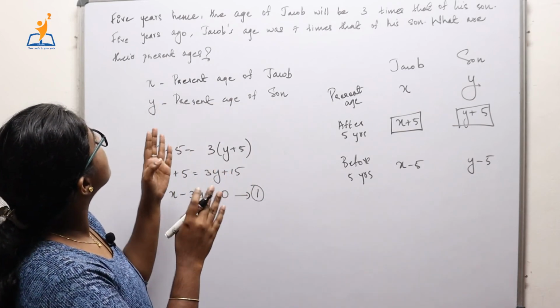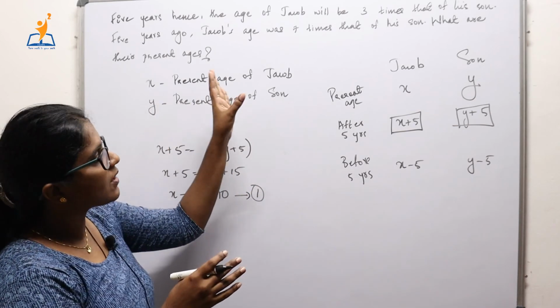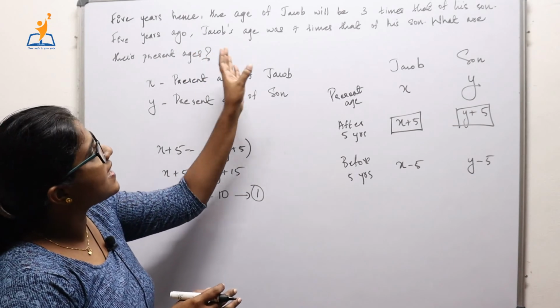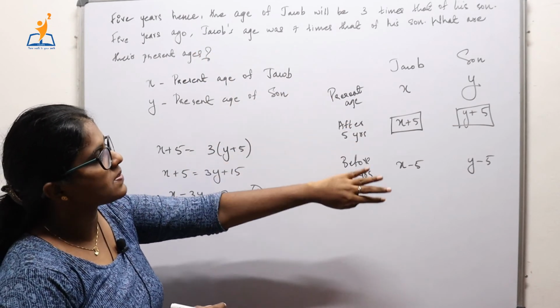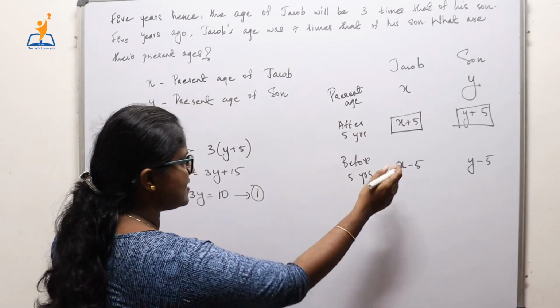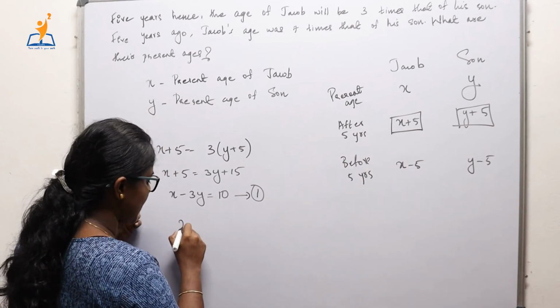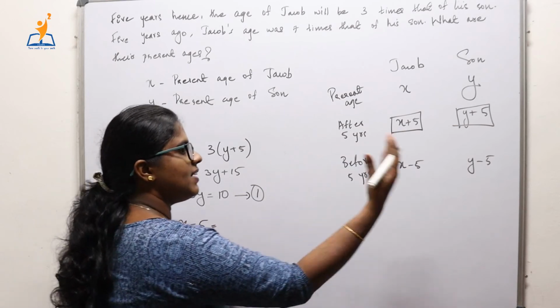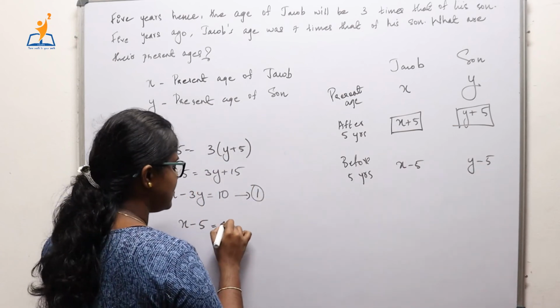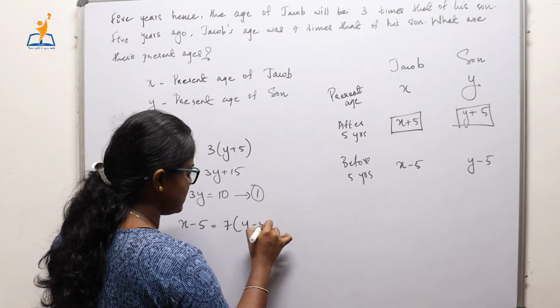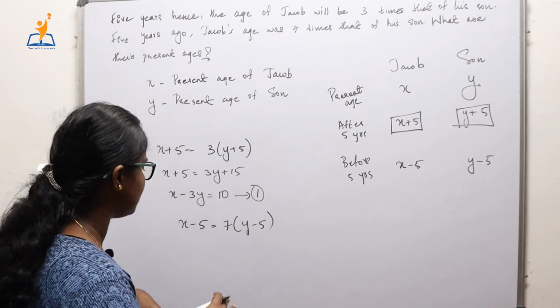In the question it is given that Jacob's age, that is x minus 5, was 7 times that of his son, that is 7 times y minus 5. This is the second condition given in the question.